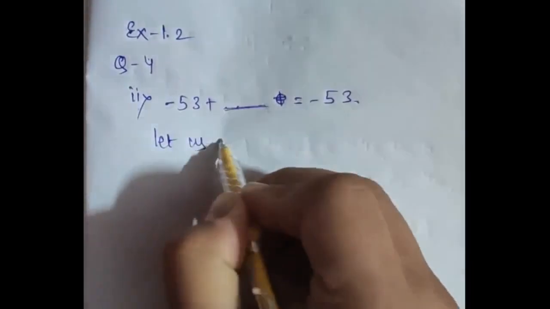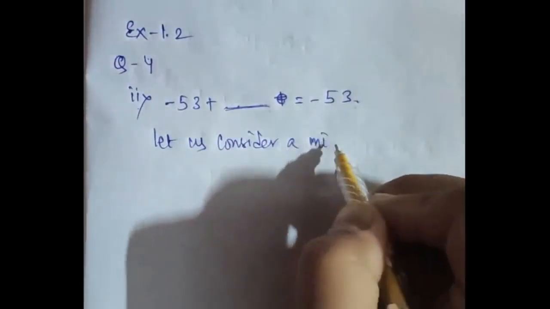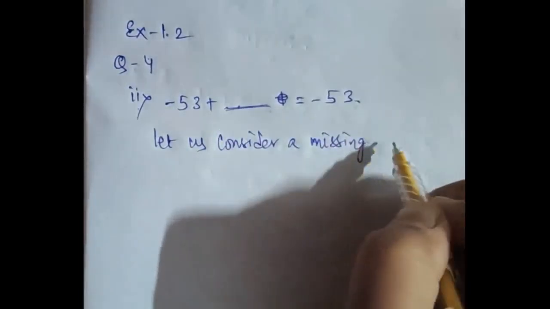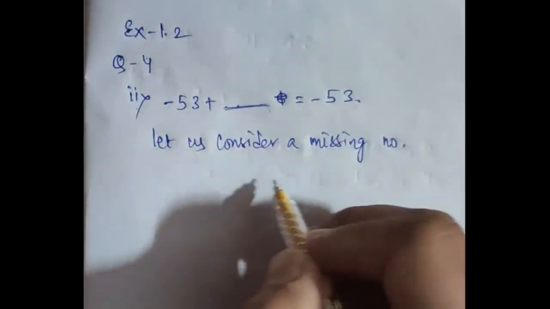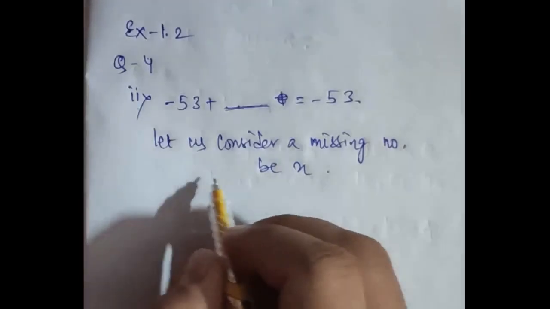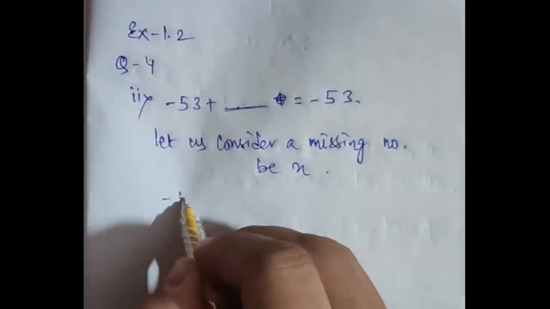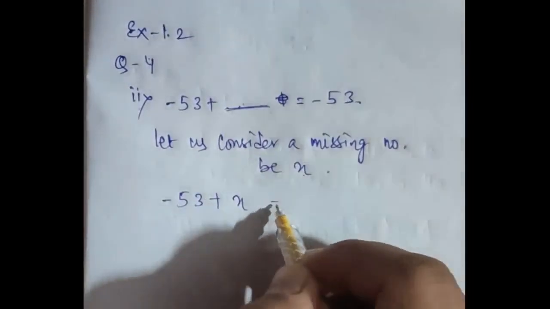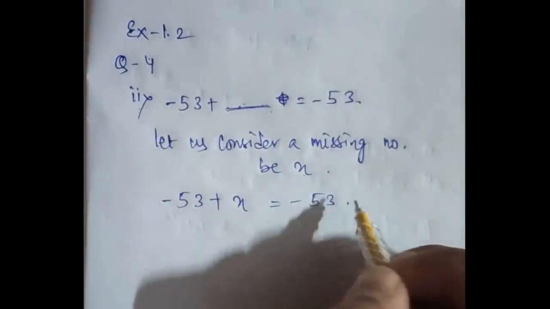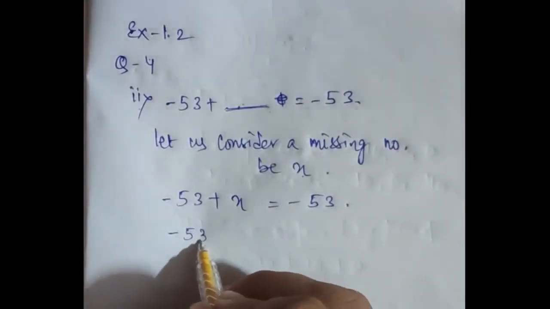Let us consider the missing number to be x. So if we are considering x as the missing number, then what we can write here: minus 53 plus x is equal to minus 53, right?